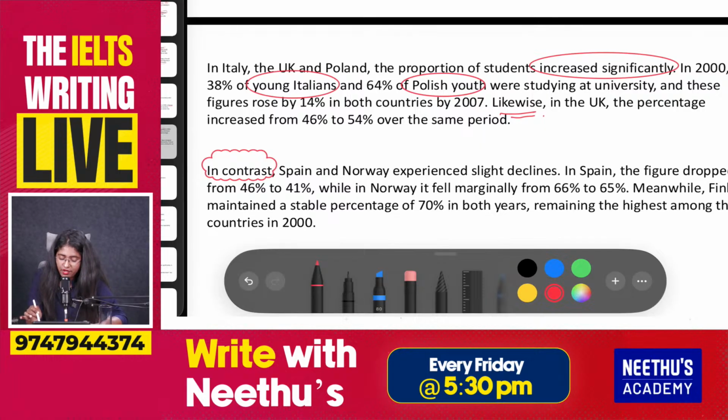In Spain, the figure dropped from 46% to 41%, while in Norway it fell marginally, marginally shows the small decline, from 66 to 65%. So, figure dropped.